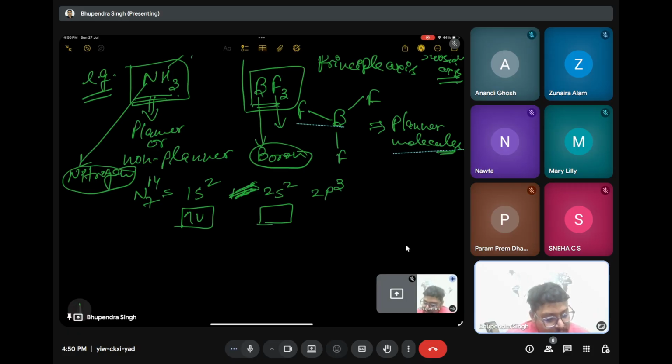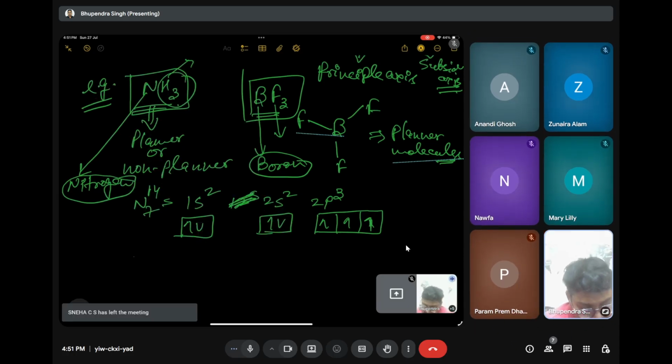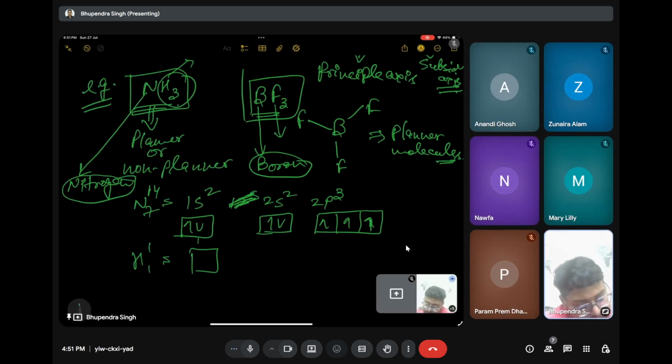So, 2s2, 2p3. Now these 3 H atoms: hydrogen is 1s1, so 3 H atoms are there.